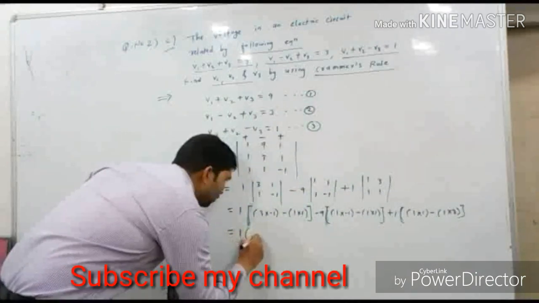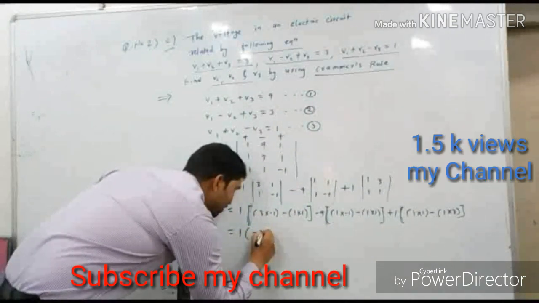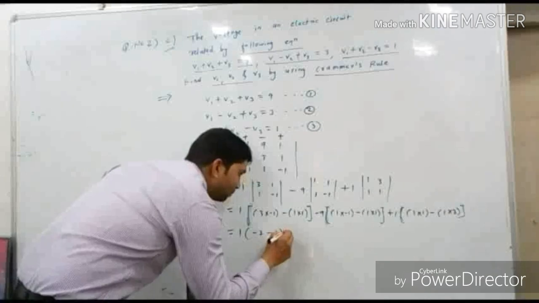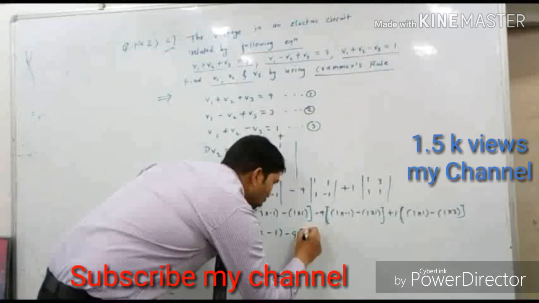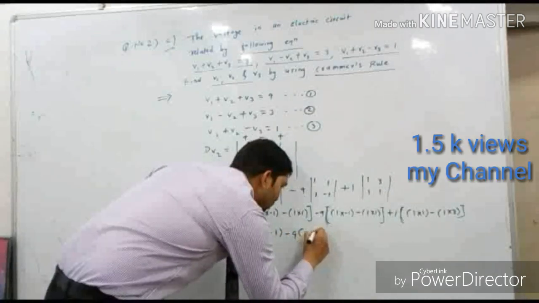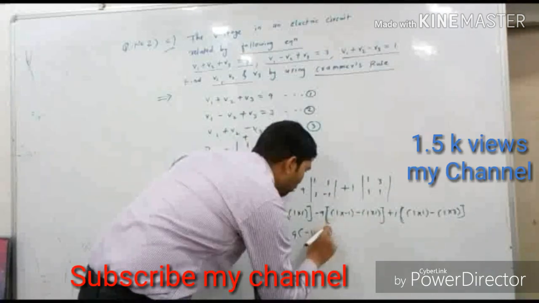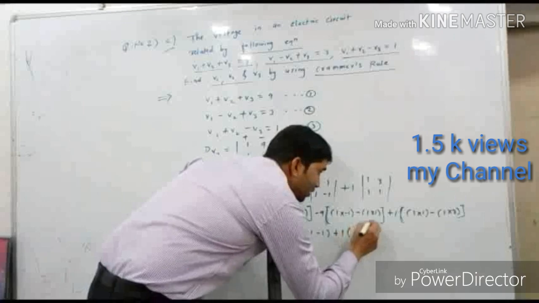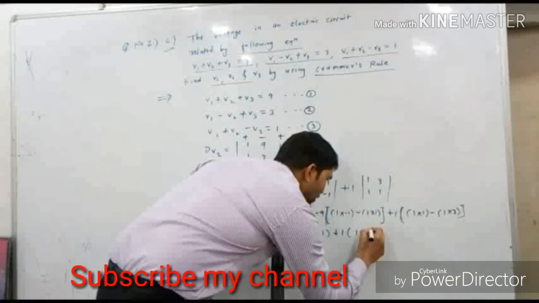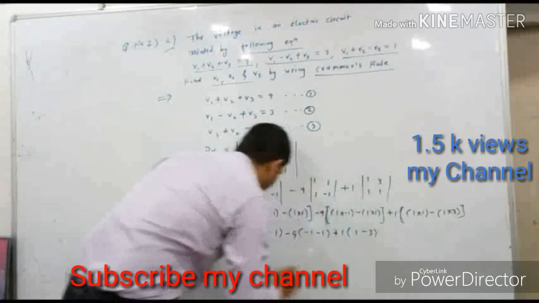So we get 3 into minus 1, minus 3, minus 1 into 1, 1, minus 9 as it is, minus 1 into 1, that is minus 1, minus 1 into 1, 1, plus 1 as it is, 1 into 1, 1, minus 3 ones are 3.